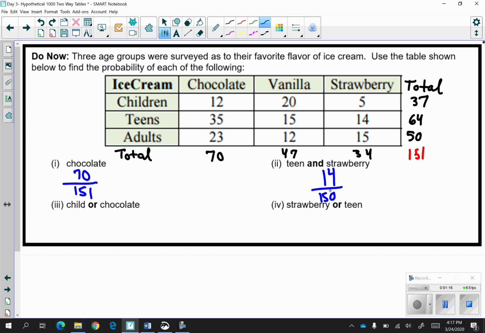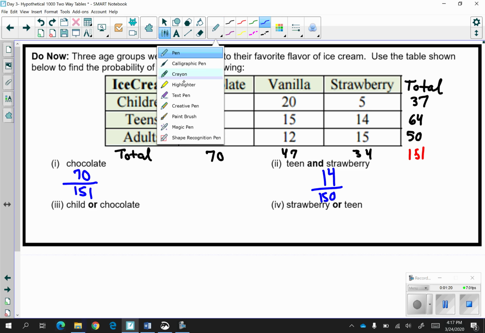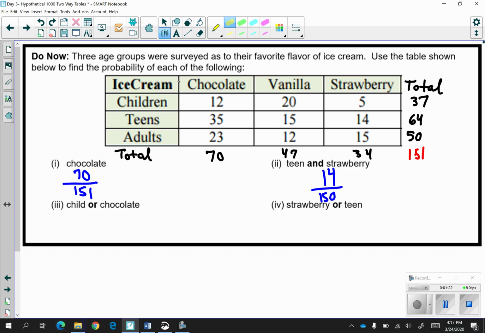Remember for or probability, you're going to add the probability of them both and then subtract the probability of the overlap. So we have child or chocolate.